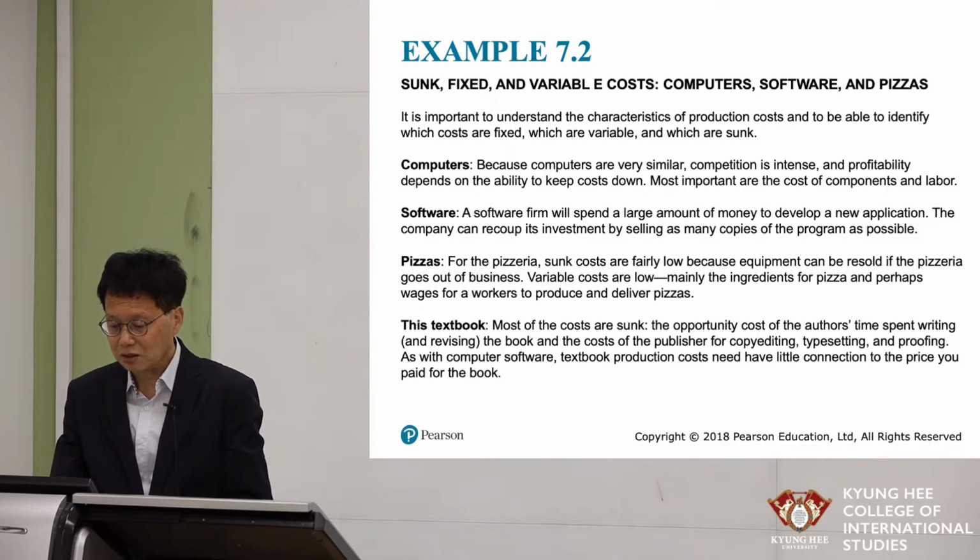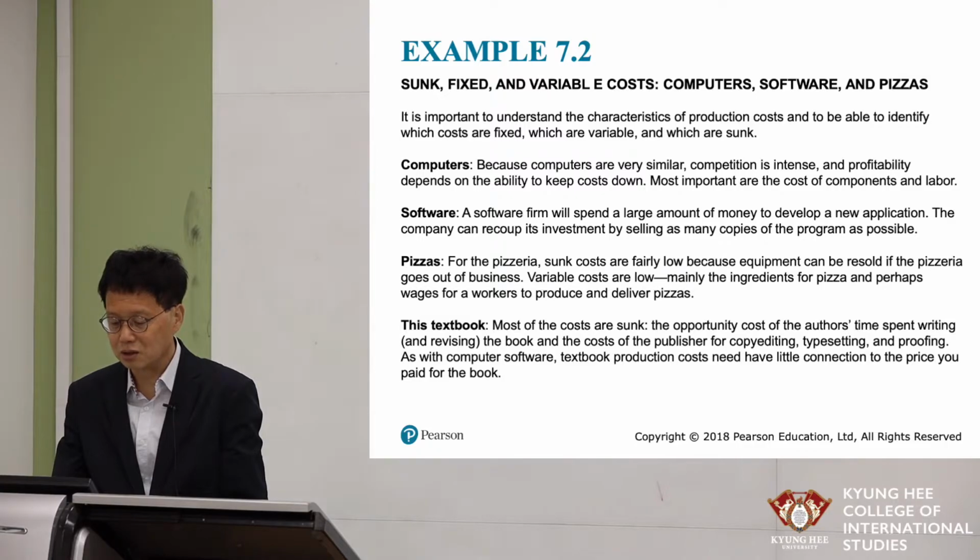Okay? Finally, this textbook. Most of the costs are sunk. The opportunity cost of the author's time spent writing the book and the cost of the publisher for copy editing, typesetting, and proofing. As with computer software, textbook production costs have little connection to the price you paid for the book. A little joke.